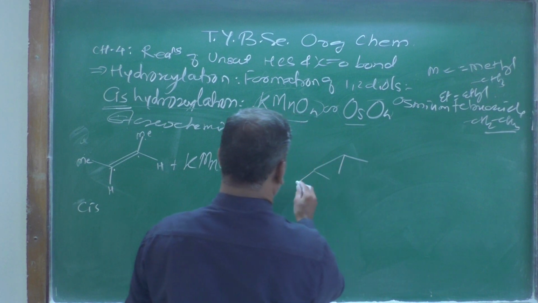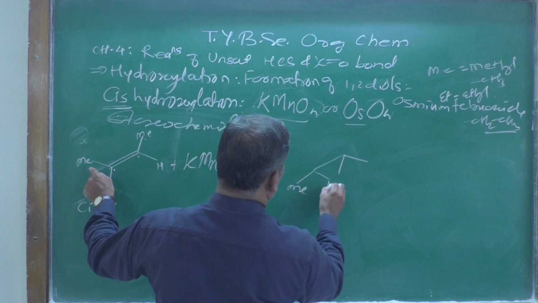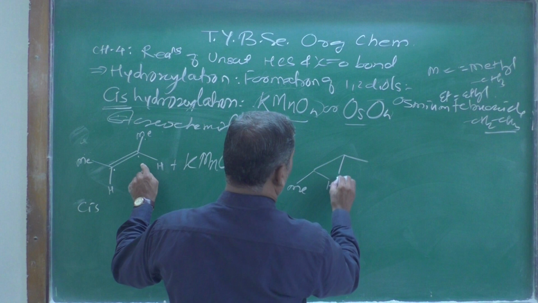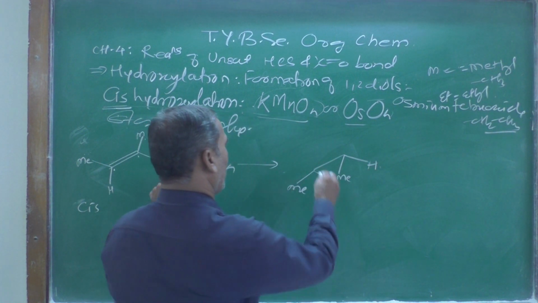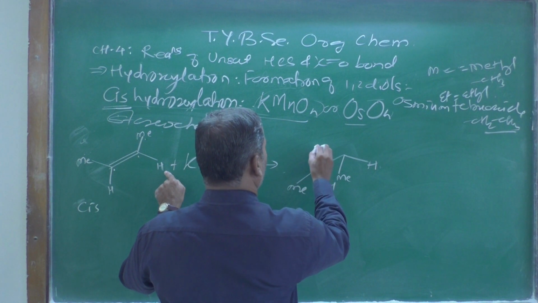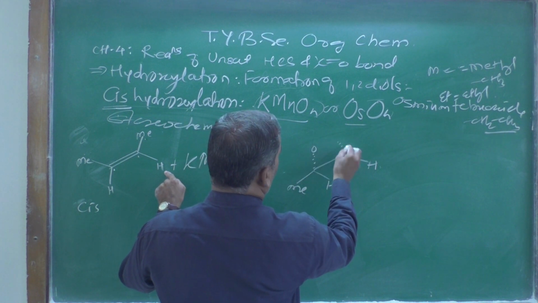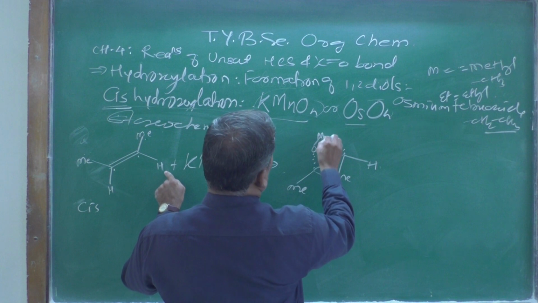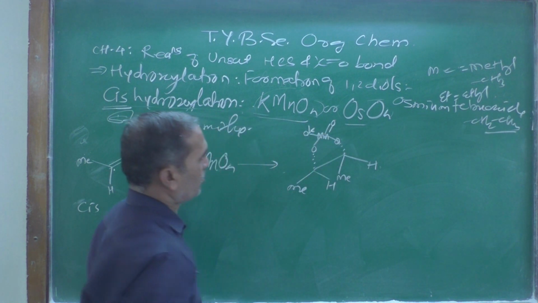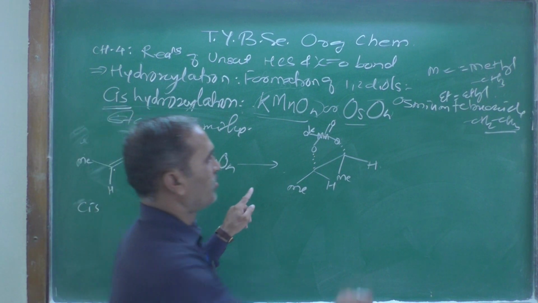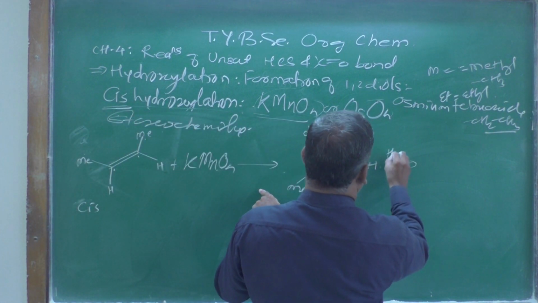This is Me and H I am writing here. This Me I am putting here, and this hydrogen atom is over here, and now here is O, here O, then Mn double bond O and OK. Okay, this is a transition state form, and that will be treated with water, H2O.